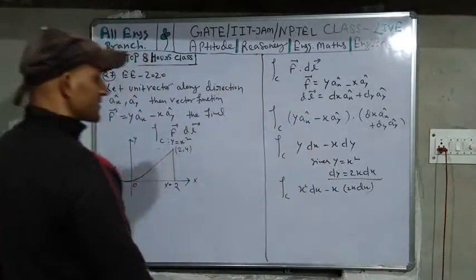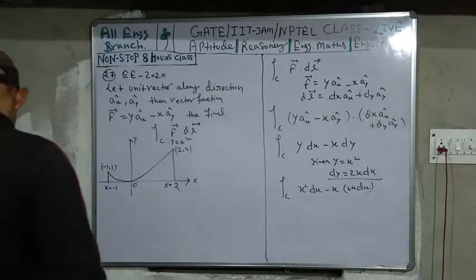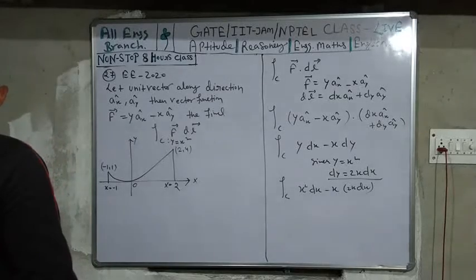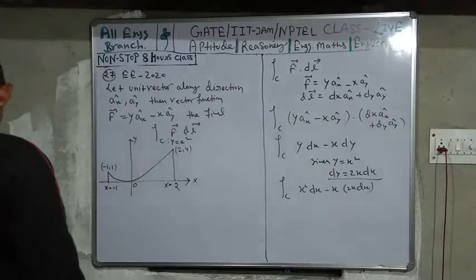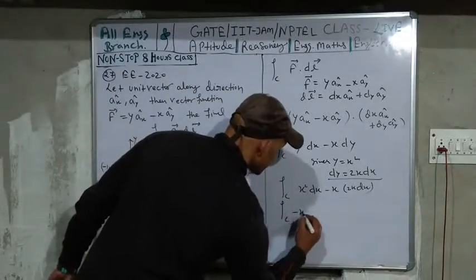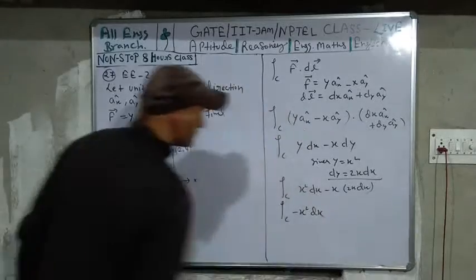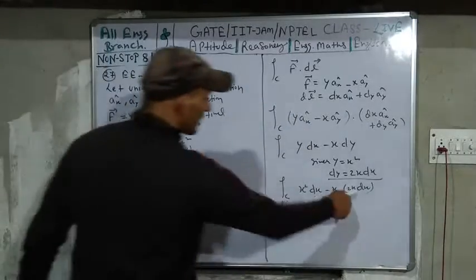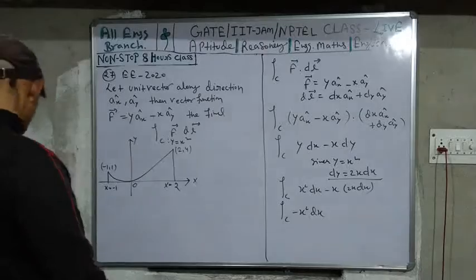I think you understand. So x square minus 2x square is minus x square, so your integration is minus x square dx.